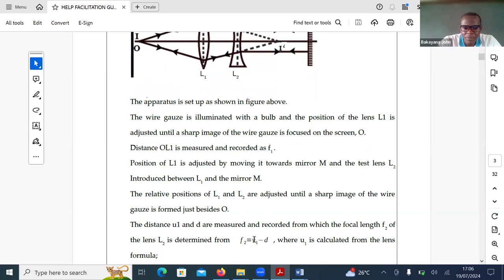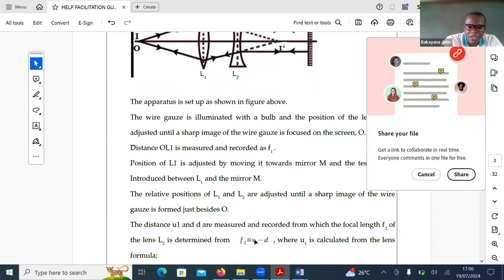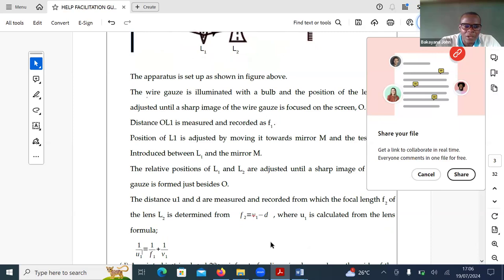This was supposed to be U1 minus D, where U1 is calculated from the formula 1 over U1 equals 1 over F1 plus 1 over V1. Is that right? Any question?